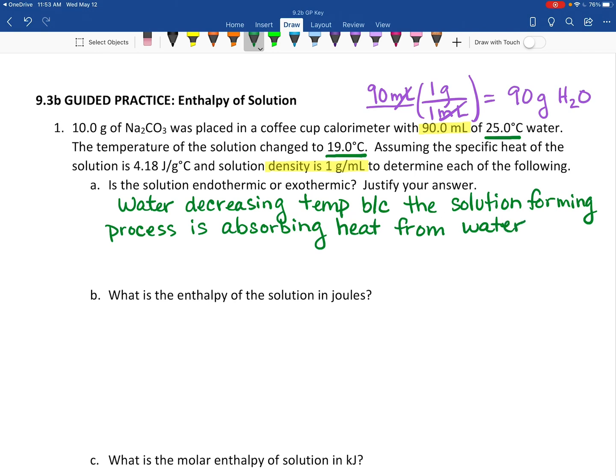And any process that's absorbing heat, processes that absorb heat are endothermic.